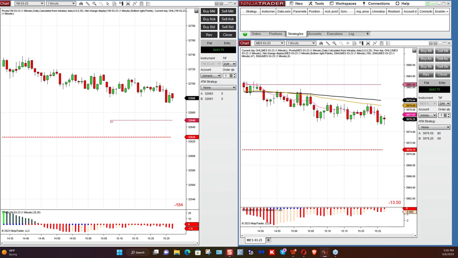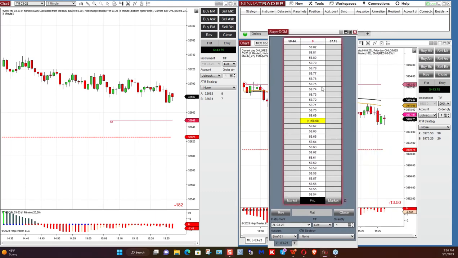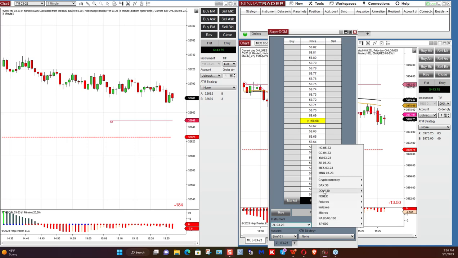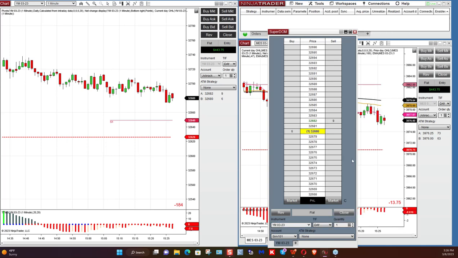Now, in our Superdome, we actually have the cheap data on this particular account. And I'm only seeing one level of data, 6. It says 6 orders above. There's 6 orders available to buy, 9 available to sell, and it changes all the time.